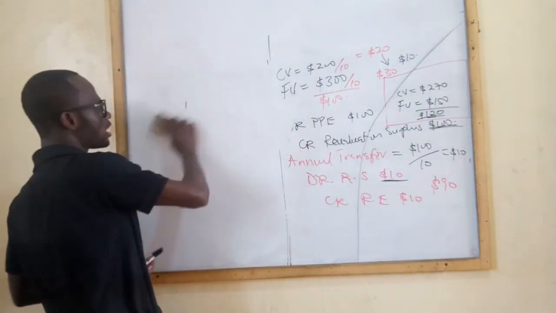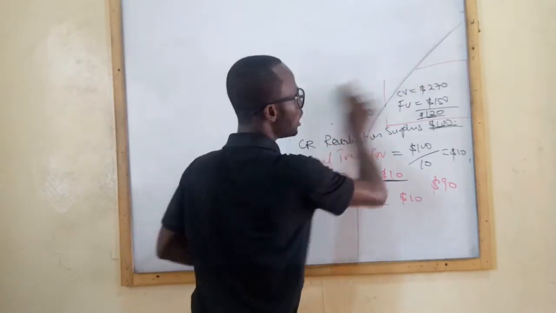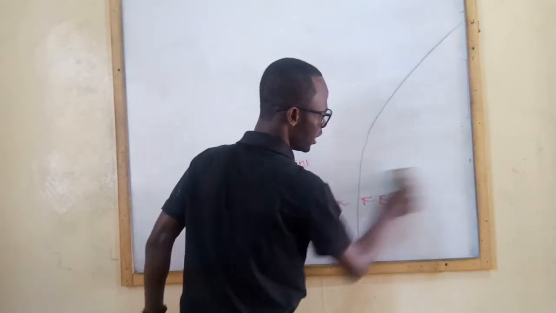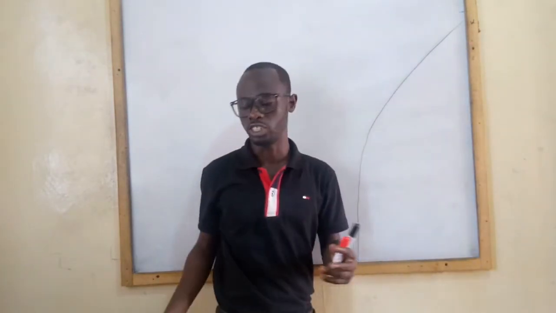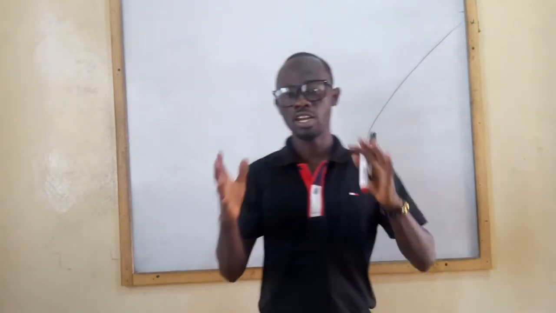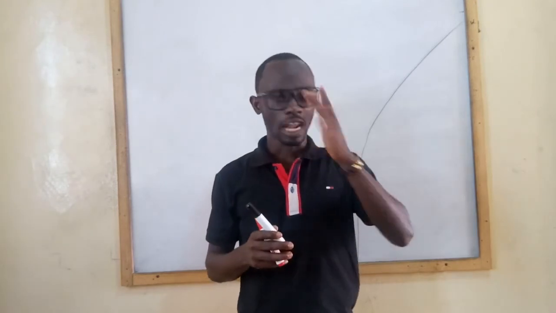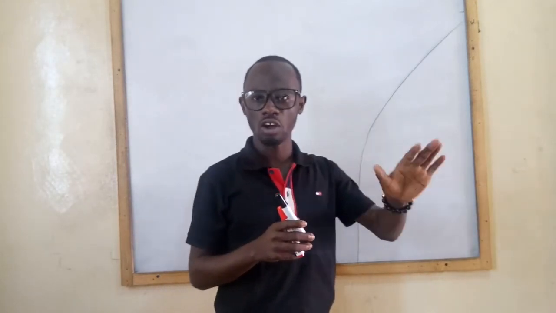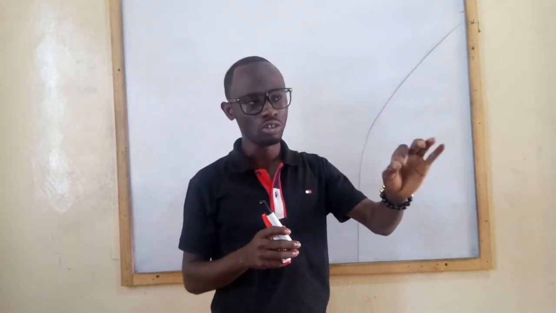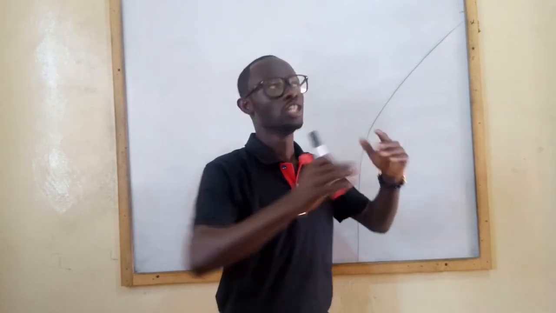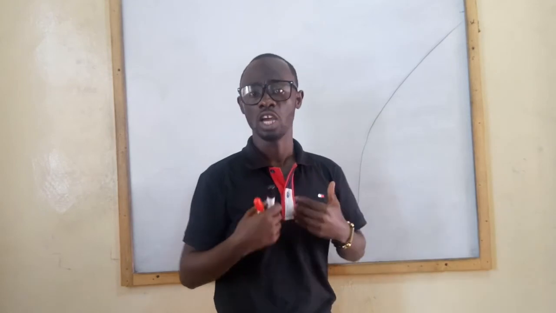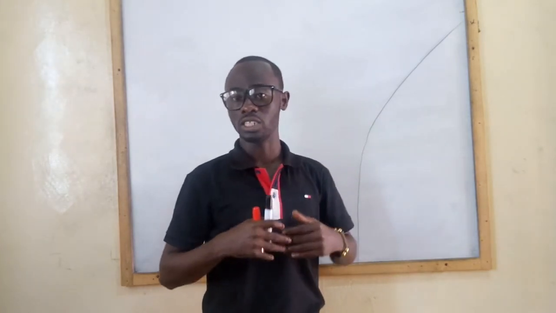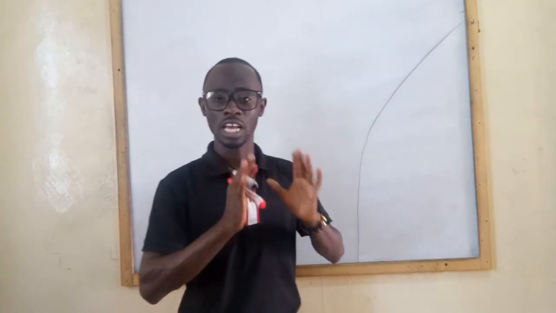Now, another accounting standard that is closely related to IAS 16 is what we refer to as IAS 40, that is investment property. The difference between the two is that IAS 16 is used to account for assets that are used for business purposes. So we have a building that we are using for administrative purposes, as the office for the business, or as a warehouse for the business.